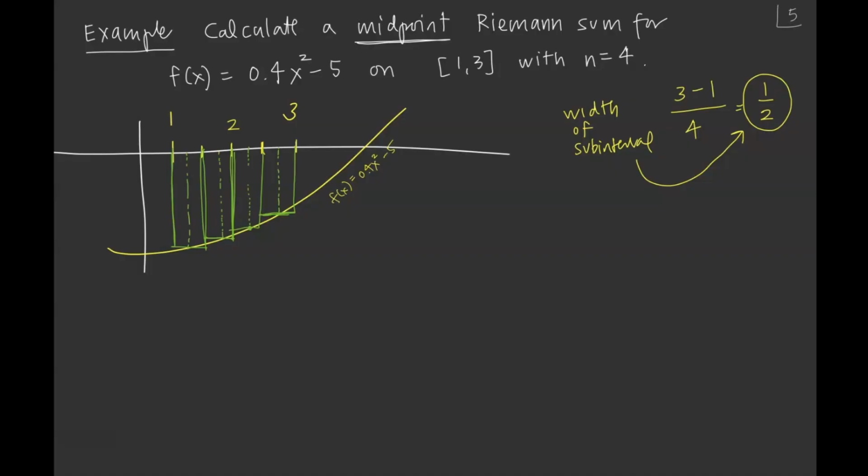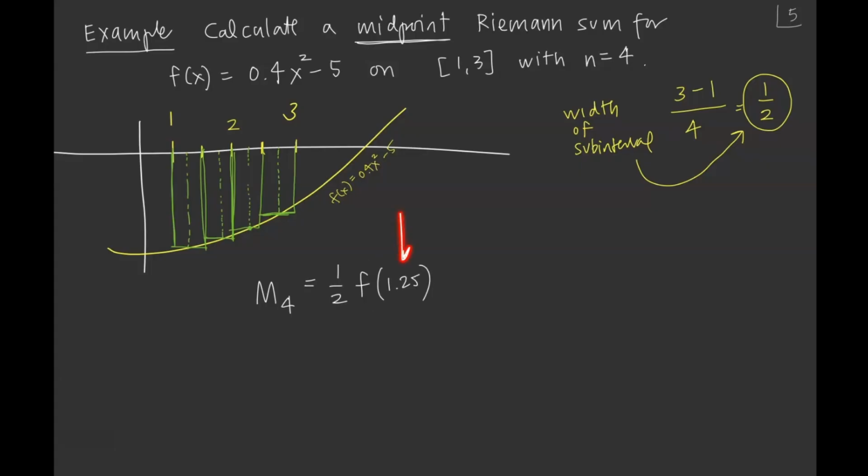We're getting a midpoint Riemann sum with 4 subintervals, and let's just do this first rectangle here. The width of this rectangle is 1/2, and the height of this rectangle is the function evaluated at 1.25. So 1/2 times the function evaluated at 1.25.